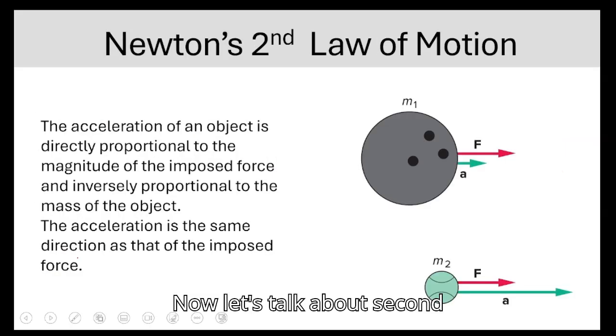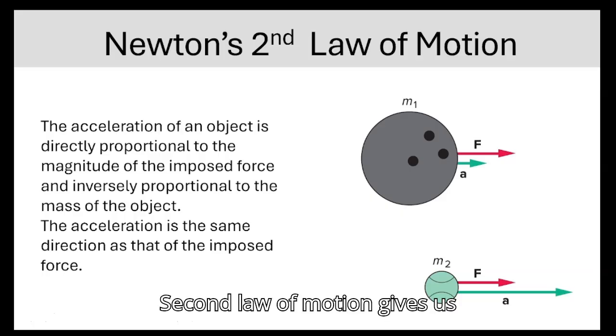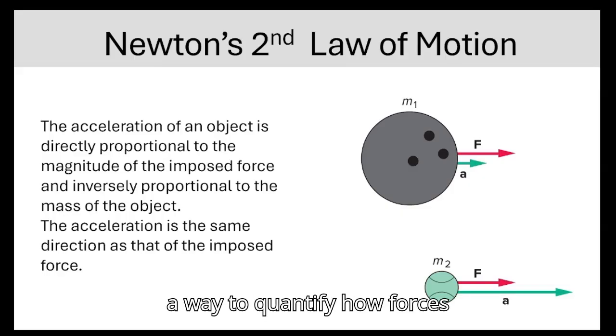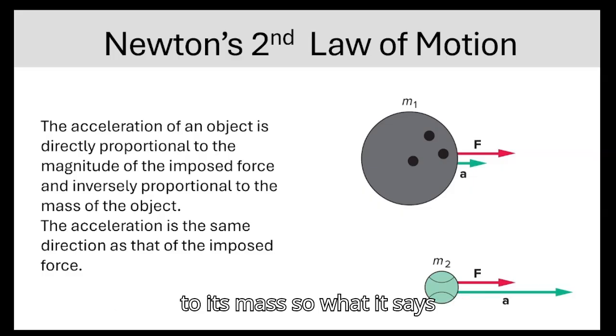Now let's talk about the second law of motion. The second law of motion gives us a way to quantify how forces affect objects. This law tells us that an object's acceleration is proportional to the force applied to it and inversely proportional to its mass.